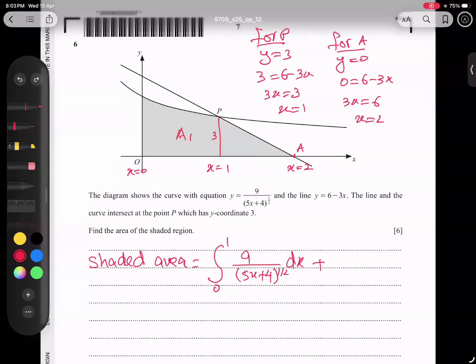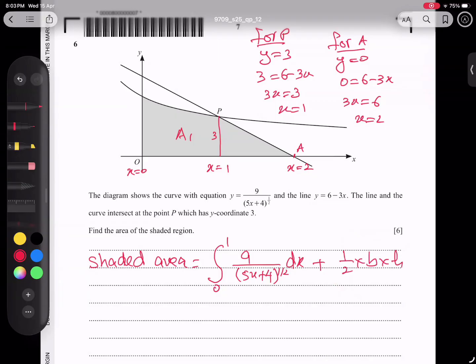One is the triangle area formula, half into base. Base is 2 minus 1 and height is 3. Easy way. Or second method, I integrate 1 to 2 and put 6 minus 3x. If I do this way, I will get the same triangle area. But I think I'm doing the other way, which is easier for you: half into base into height.